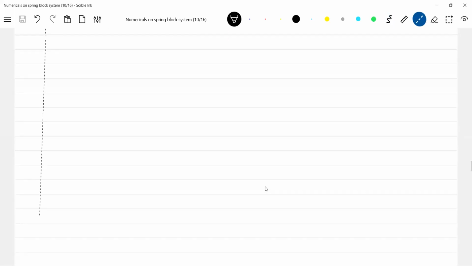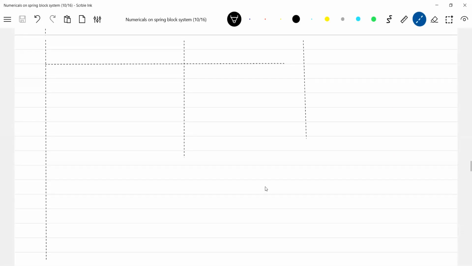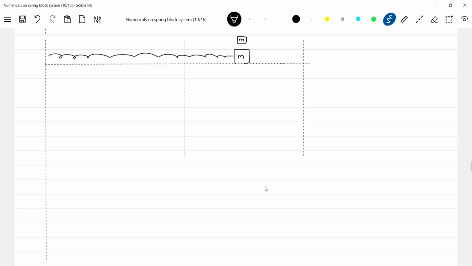Okay, let's first have the basic diagram clearly. This is the mean position, which was under concentration, and this is the extreme. So where is the block? It is at a distance of A naught by 2. Here the mass will be added and it gets stuck to it.